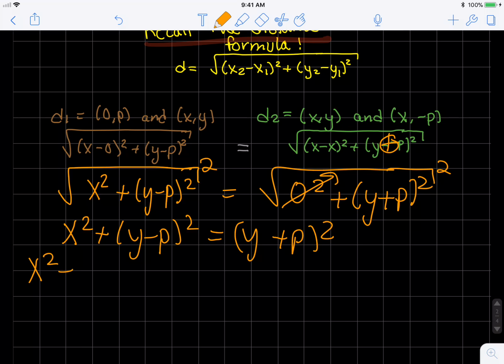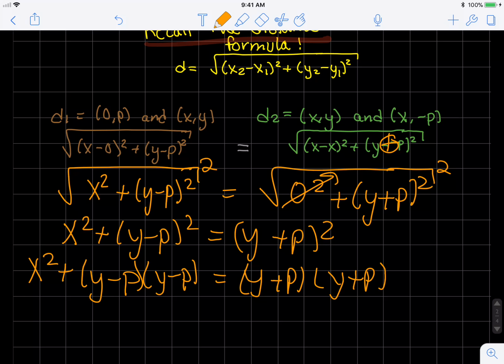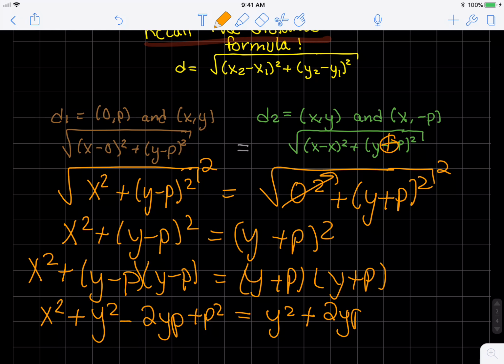Next, we're going to FOIL. So (y − p)(y − p) is equal to (y + p)(y + p). So when we FOIL, we're left with x² + y² − 2yp + p² equal to y² + 2yp + p².